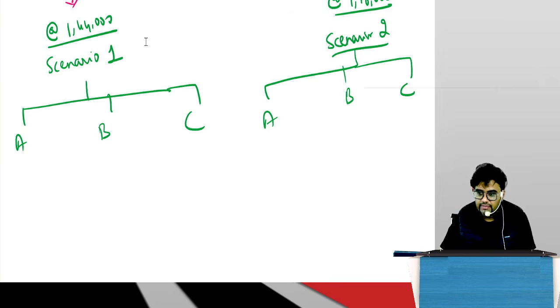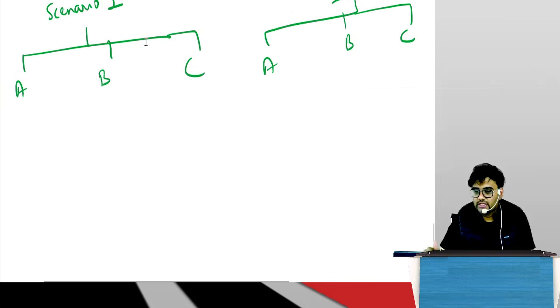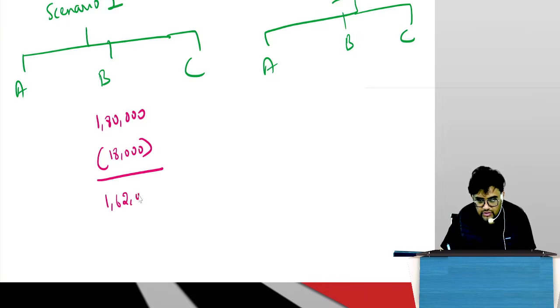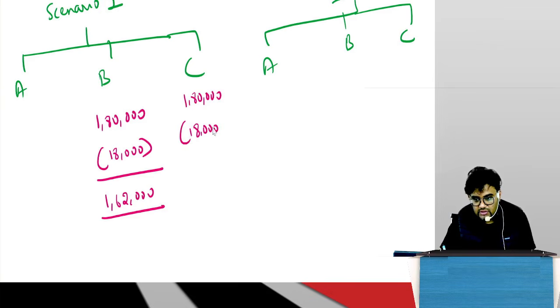Building B and building C, absolutely no change. Next year, how will it be, guys? 1,80,000 normally. Less. What is the depreciation? 18,000, 10%. What is the final outcome? 1,62,000. A, I will come to that because A is already sold. Similarly, here 1,80,000 minus 18,000 will give me 1,62,000.